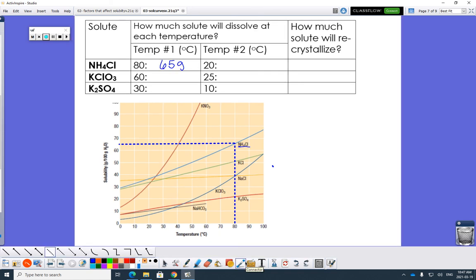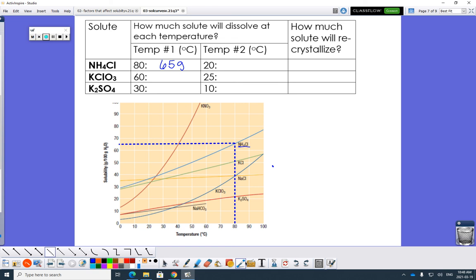Now, temperature number 2 is 20, so we're going to cool it down. If you know the trend that when you increase the temperature, more solid should dissolve, then likewise, if you decrease the temperature, you should get less. So you should get less than 65, and that's a big jump, so quite a lot less probably.